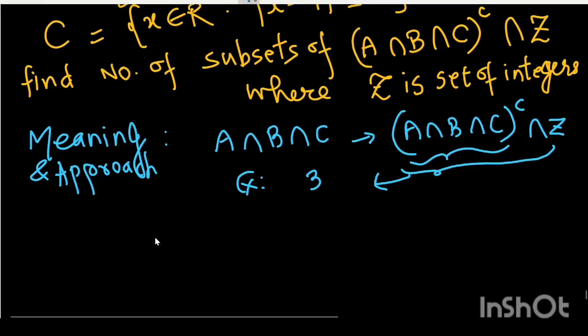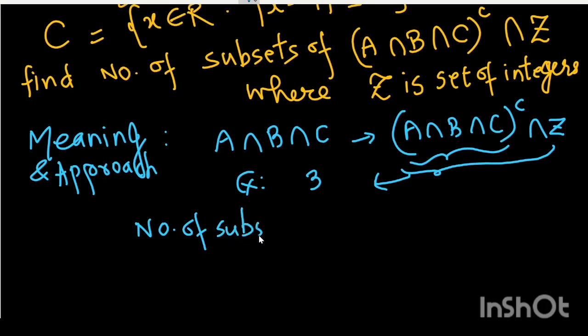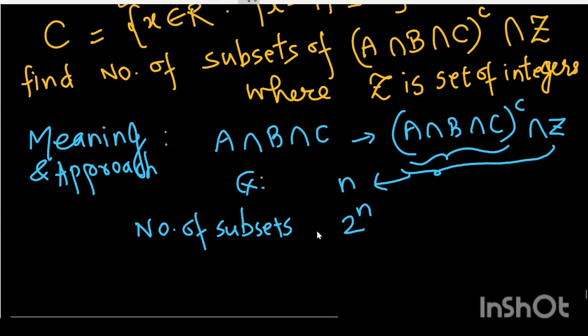So the number of subsets, we know that it is 2 to the power n. So we will use from set theory, number of subsets would be 2 cube. So let's say if it is any number n, then the number of subsets would be 2 to the power n. This is the answer. So that's how we will approach.